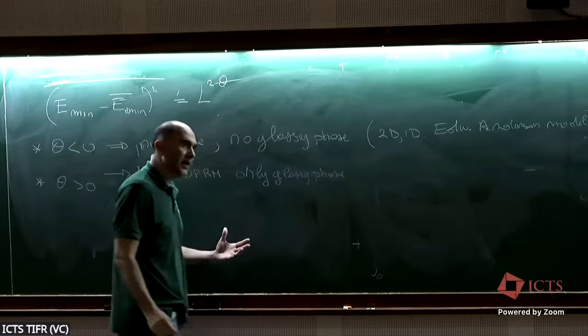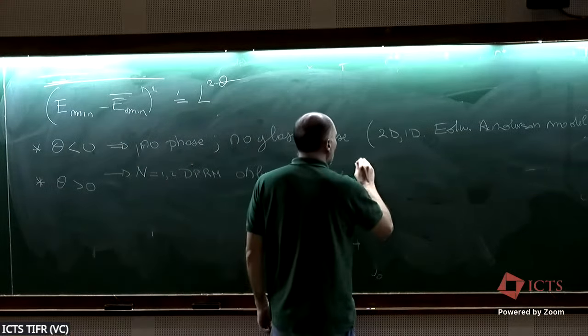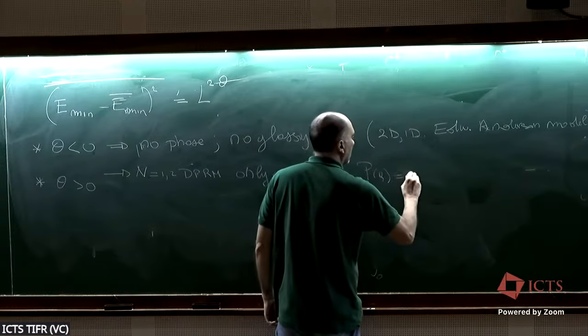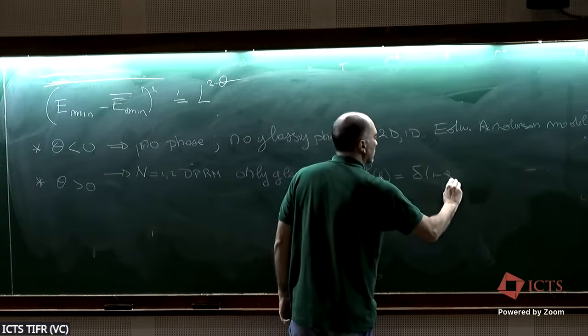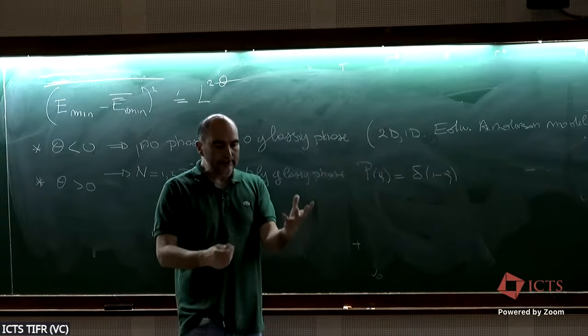But here, at variance, what happens is that P of Q is delta of 1 minus Q. So there is only the ground state. So theta is positive.